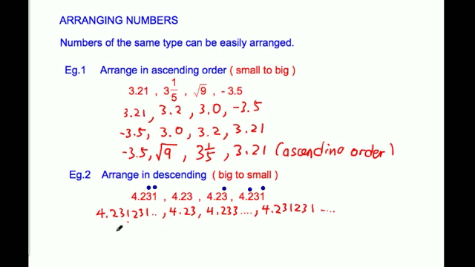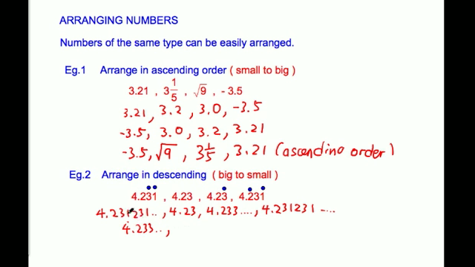And by looking at the decimal places, we pick out the largest number, which is 4.233, and so on.